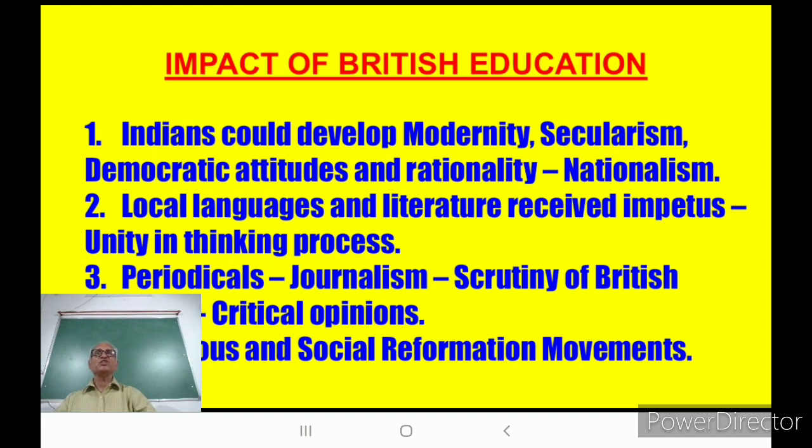What's the impact of the British education? The British education, as I said, was able to develop modernity among Indians. It's not just copying the British. It was a new set of creative minds, knowing the philosophy of the West and trying to build up a theme for Indians on Indian soil. The secularist attitude, secularism, democratic attitudes, rationality, and with all these, nationalism, loving your own country, because India was in pieces.